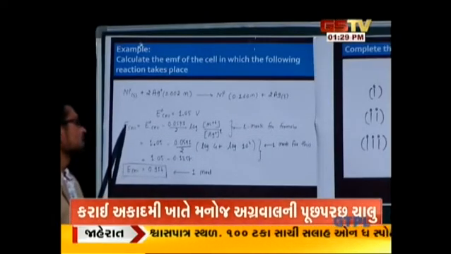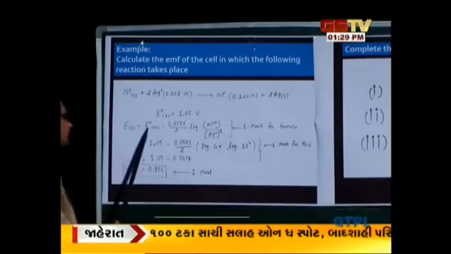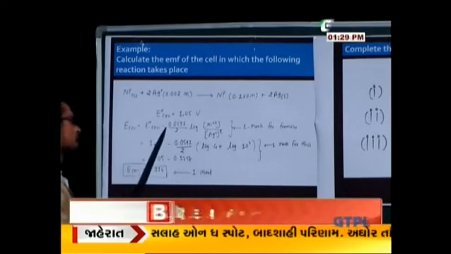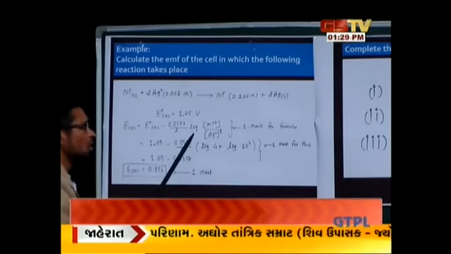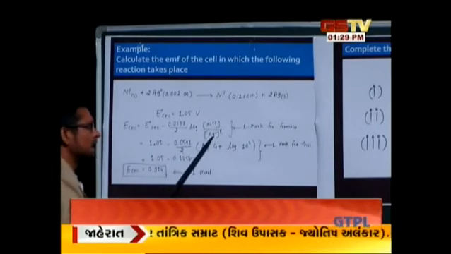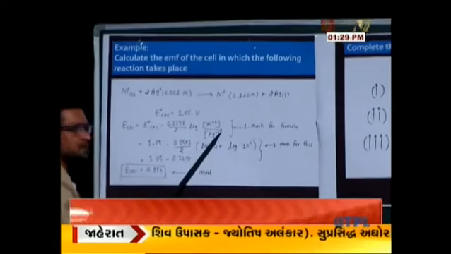Therefore, for E cell we will use the formula E naught cell minus 0.0591 divided by 2 log [Ni2+] over [Ag+]2.